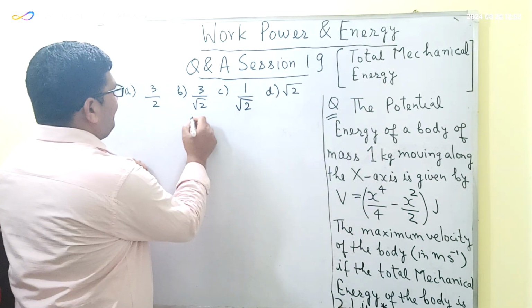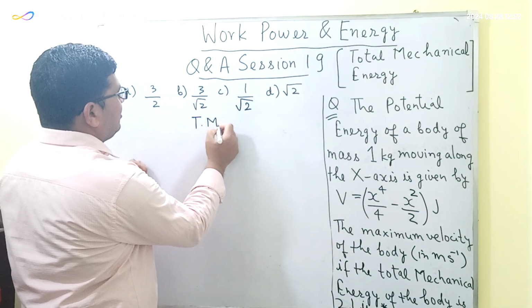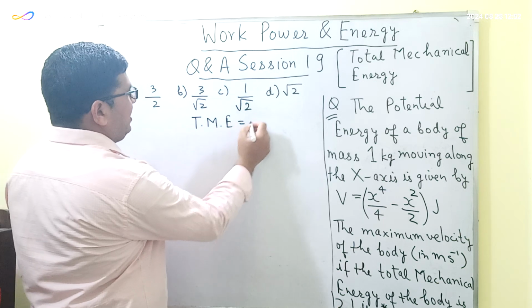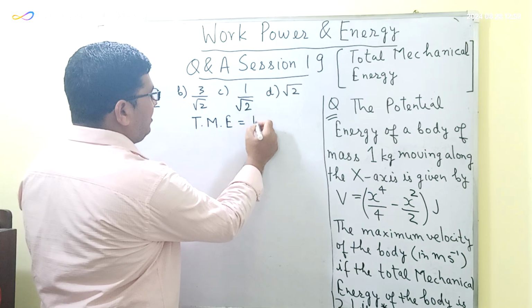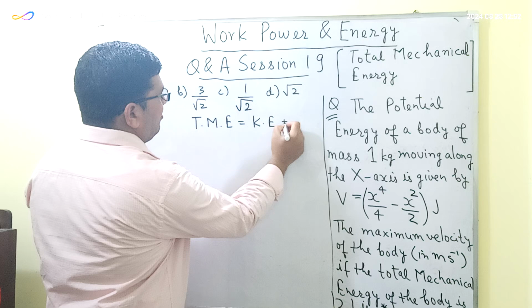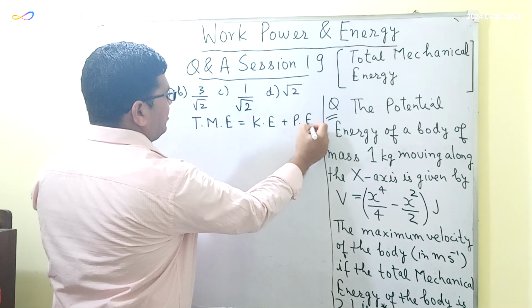Now we know that the total mechanical energy of a body is equal to the sum of the kinetic energy plus the potential energy.